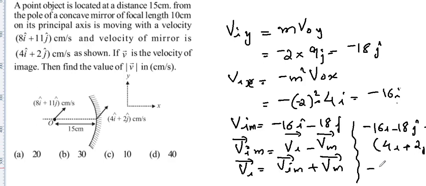This will give you minus 12i minus 16j. So that is the answer. Now the magnitude, 12 square plus 16 square, is 144 plus 256, root 400, which is equal to 20. So the answer must be 20.